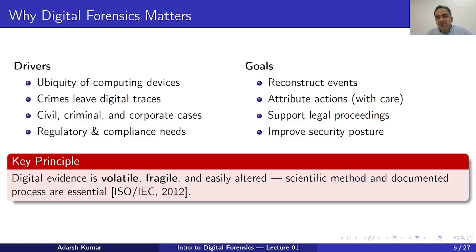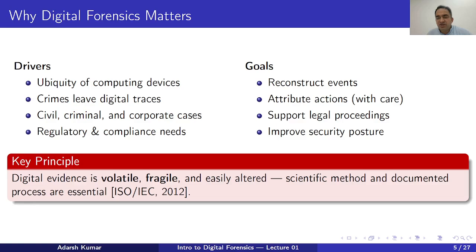Almost every modern dispute or crime leaves digital traces: messages, cloud synchronization, closed circuit television (CCTV), network video recorders (NVRs), browser history, or Internet of Things sensors. Drivers include ubiquitous devices, cybercrime economics, and compliance needs. Goals include reconstructing events, carefully attributing actions, supporting legal proceedings, and improving security. The key principle is that digital evidence is volatile and fragile.